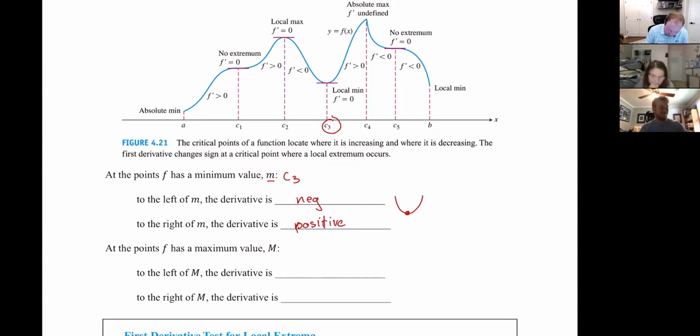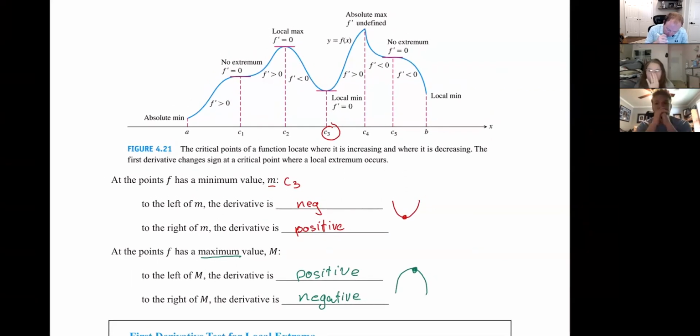Okay, so let's also consider when you had a maximum value. That was when you were increasing, or positive, on the left and negative on the right, which caused us to go from positive increasing to negative decreasing, giving us a maximum. You can see that occurred at a couple spots.